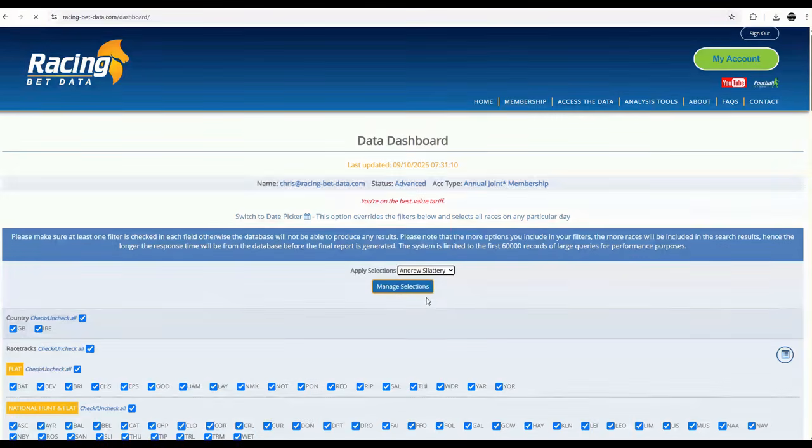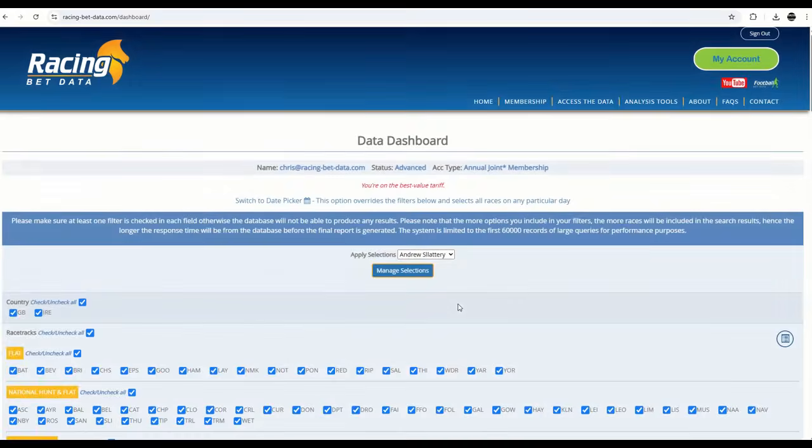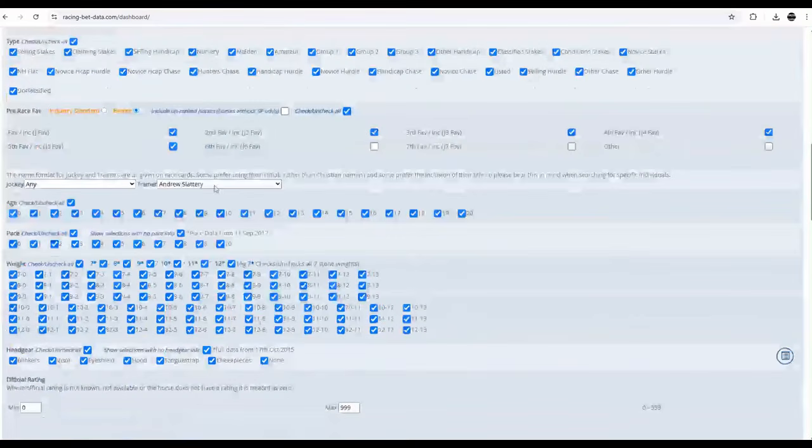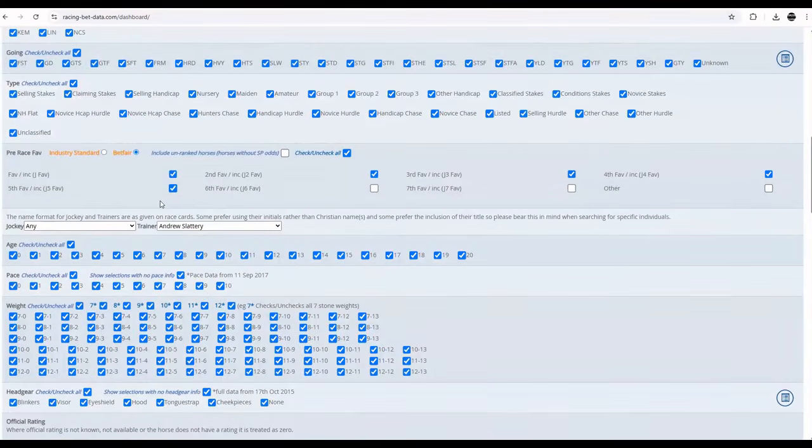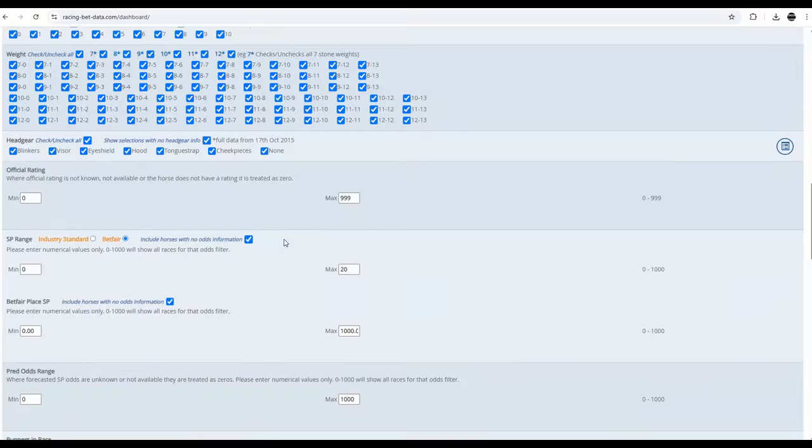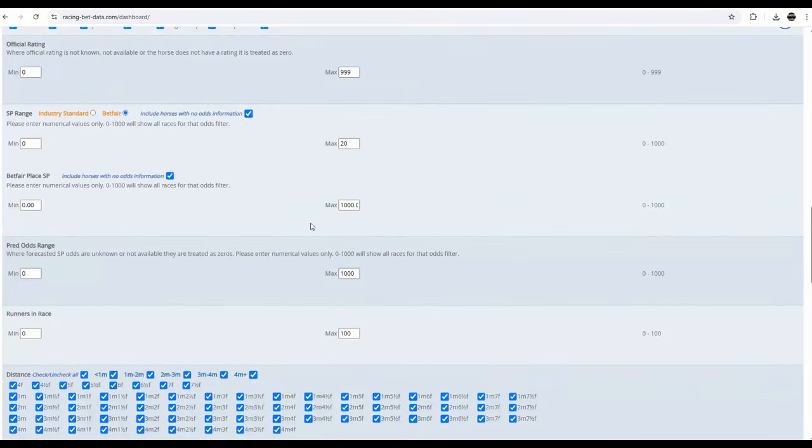I've spelled his name wrong. And selecting that will automatically generate the criteria that we have pre-saved. So top 5 in the Betfair ranking. Andrew Slattery is the trainer, and then the odds range Betfair SP up to 20.